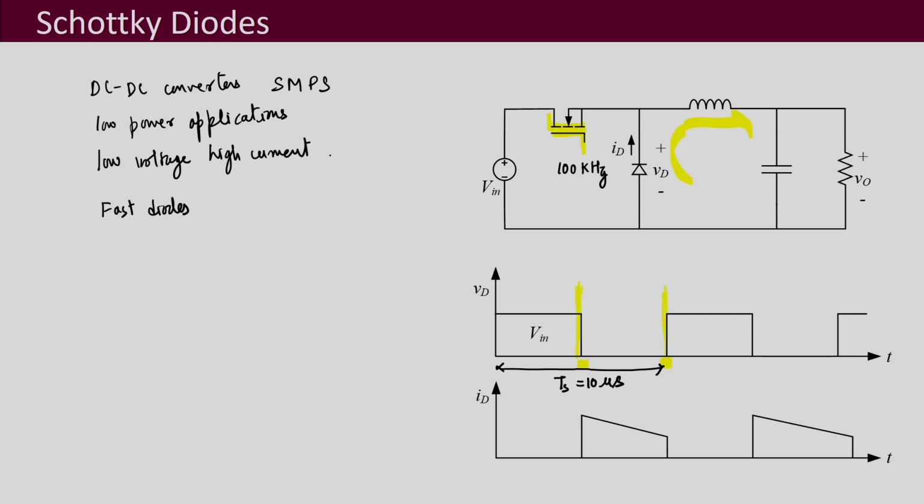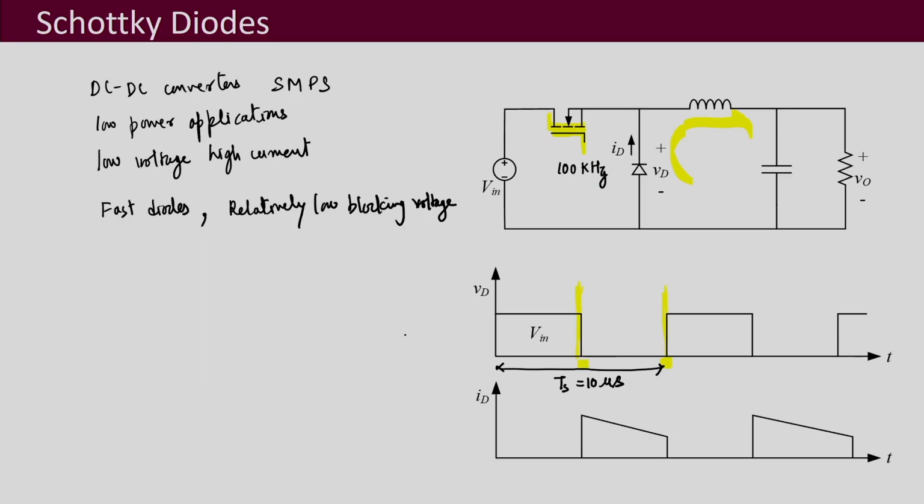But since this is low voltage and high current, the blocking voltage need not be very high, so relatively low blocking voltages. And current ratings are reasonable, relatively higher. So, that is the requirement of the diodes which will be used for these kind of DC to DC applications.